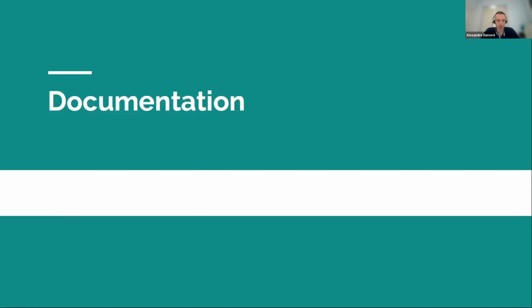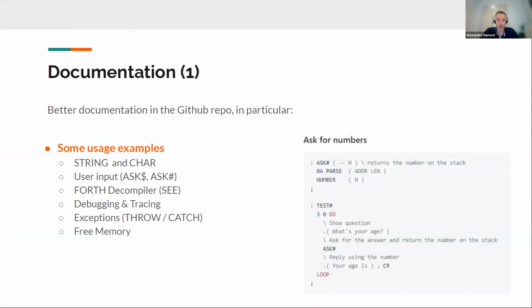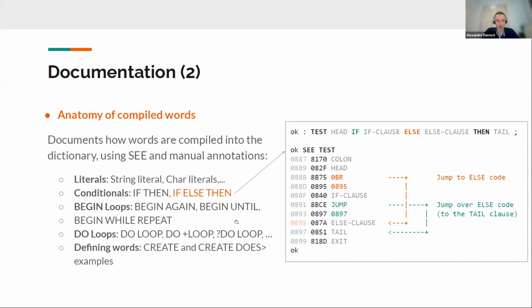Well, I've got two slides about documentation, and that's it. I've added some documentation to my repo, with some usage examples. I mean, it's more for myself than for the user. There's an example of using a Forth decompiler, how to debug, trace. And also, I've added a page which I call the anatomy of compiled words.